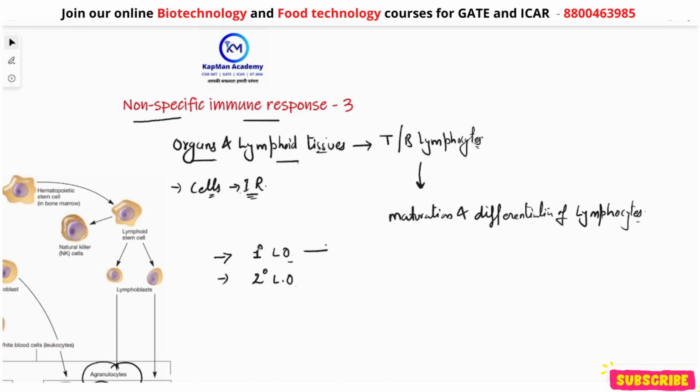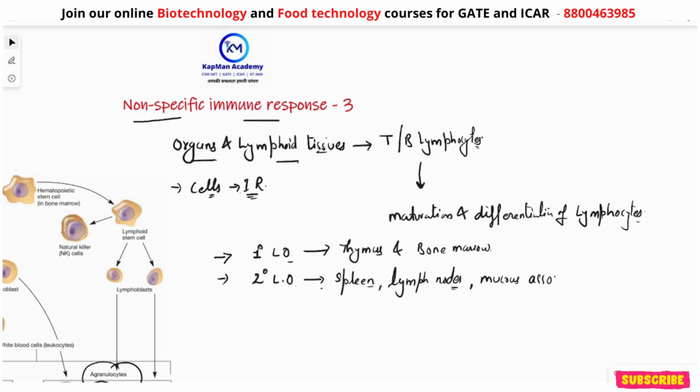So primary lymphoid organs are thymus and bone marrow. Secondary lymphoid organs are spleen, lymph nodes, and mucus associated lymphoid tissues.